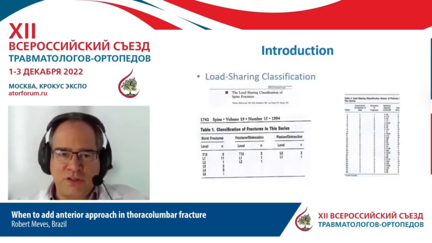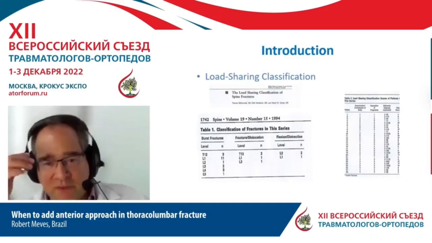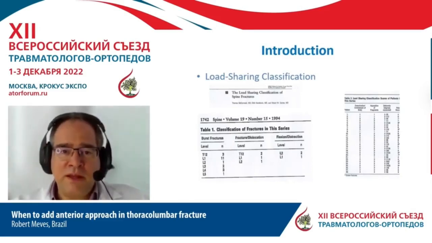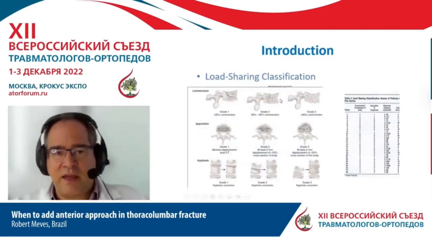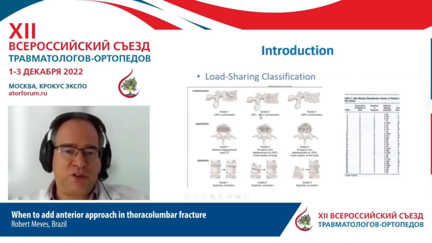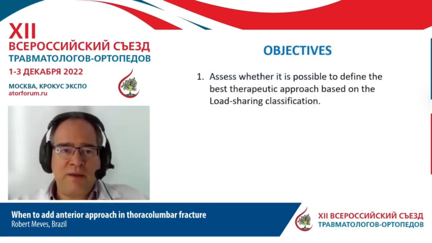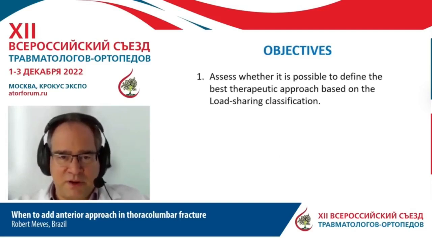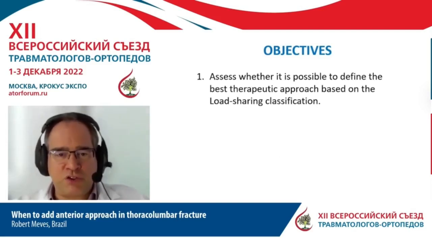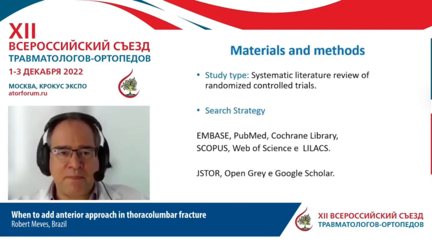So we can measure this comminution by using the load sharing classification. This classification ranges from 3 to 9 according to comminution, apposition, and kyphosis. So we assessed whether it's possible to define the best therapeutic approach based on the load sharing classification.